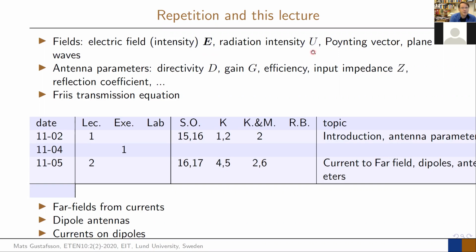We had the radiation intensity, and a little bit about the Poynting vector that describes how the power is moving in these fields. A little bit about plane waves, which is what propagates, especially when we have receiving antennas. We typically think that is what comes towards the antenna. And then we looked at some antenna parameters: directivity, gain, efficiency, input impedance, reflection coefficient. So now you should have some idea what these parameters are.